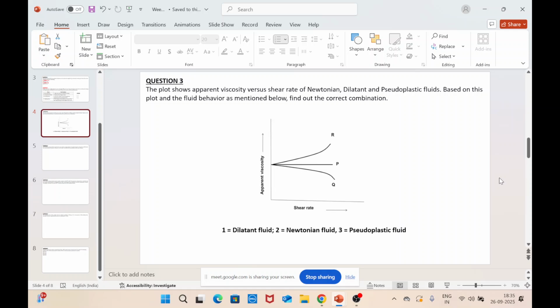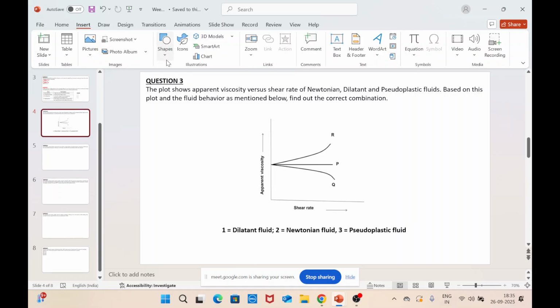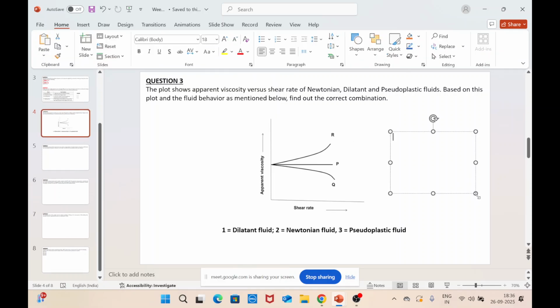So there will not be any changes in the viscosity of the fluid with respect to the shear rate. So can you say P is the Newtonian fluid? This is as per the definition. Is this fine?